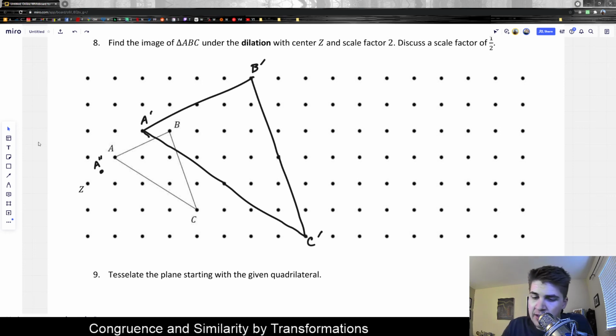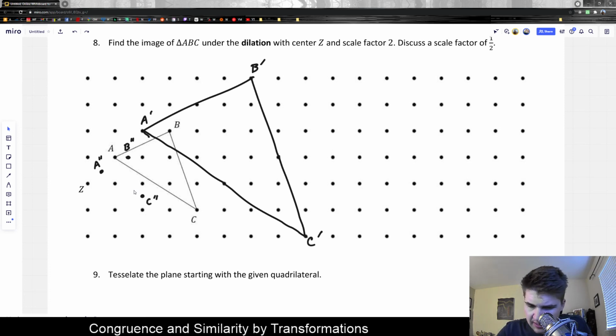And same with A to B, we go exactly halfway between. You could use a bisector method to find that point quite easily, which would be somewhere about there for B double apostrophe. And then C double apostrophe would be exactly halfway between Z and C, right there.